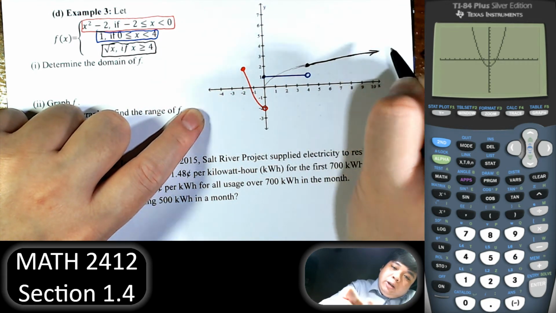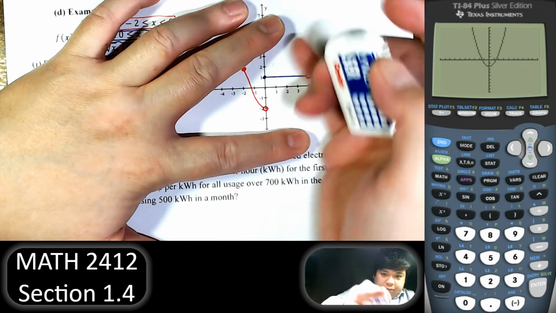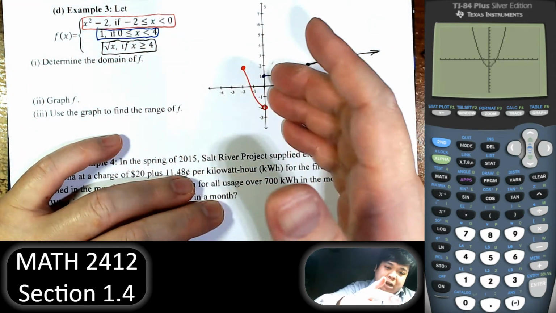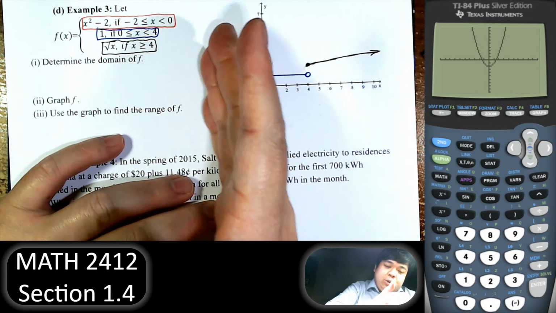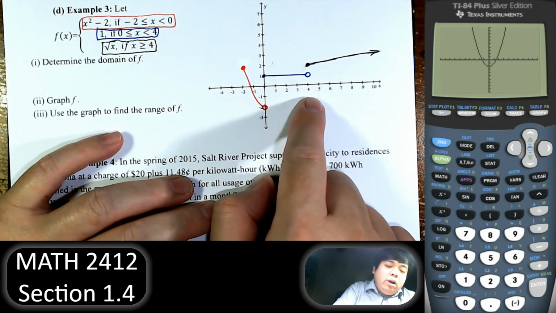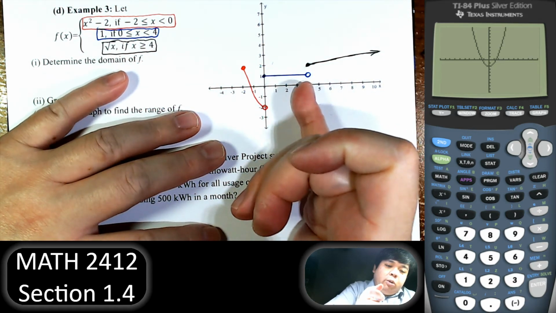Keep going. So that's what we have. So square root of x squared minus 2 went from -2 to 0, and 1 from 0 to 4, and then square root when x goes from 4 up.